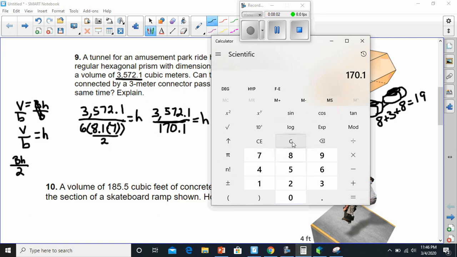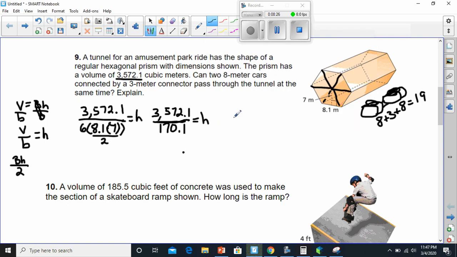We've got 3,572.1 divided by 170.1. That's going to equal 21. So that means that the length of this, or the height of this cylinder, is 21.